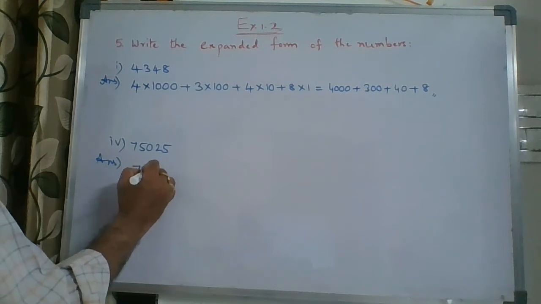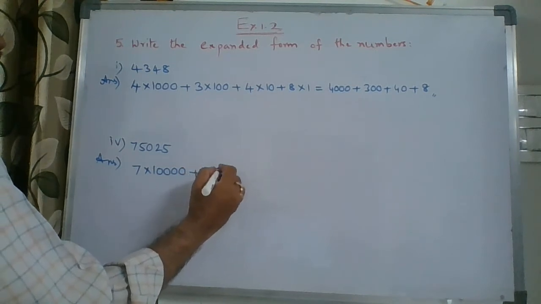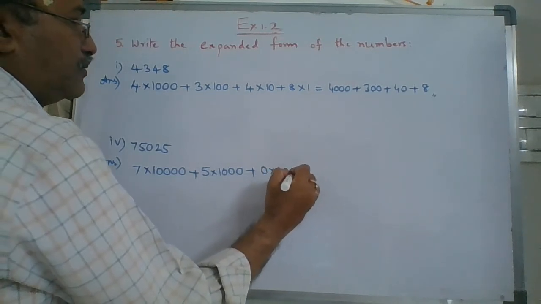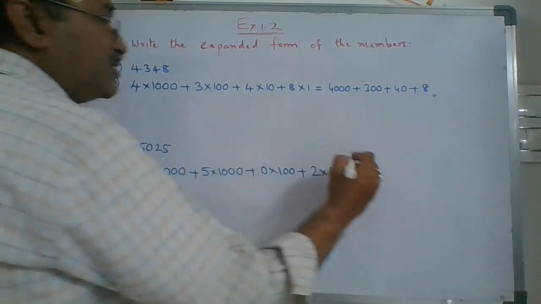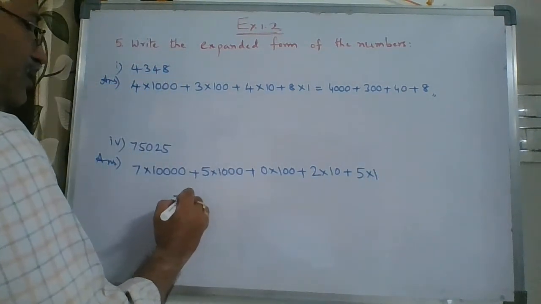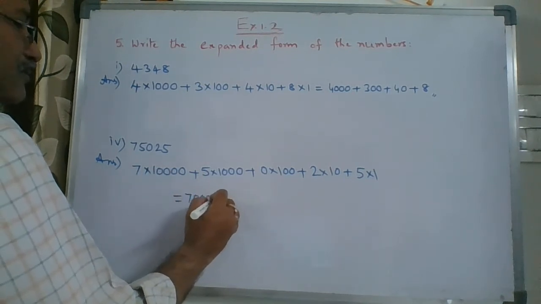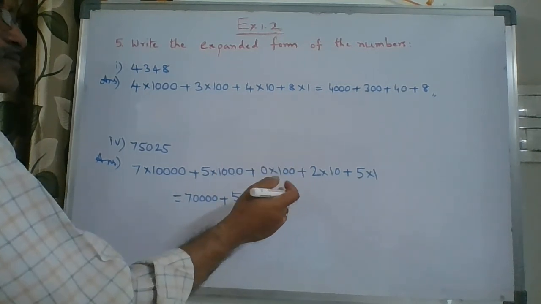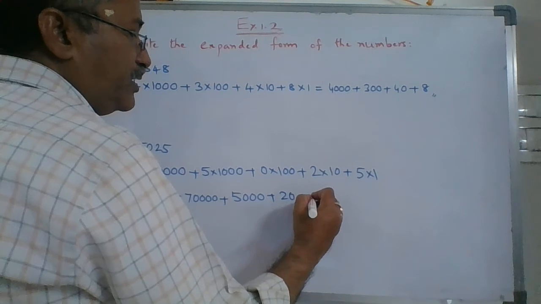So 7 into 10,000 plus 5 into 1000 plus 0 into 100 plus 2 into 10 plus 5 into 1. That is equal to 70,000 plus 5,000 plus 0 into 100, which is 0. Zero you need not write. Next 2 into 10 is 20 plus 5 into 1 is 5.